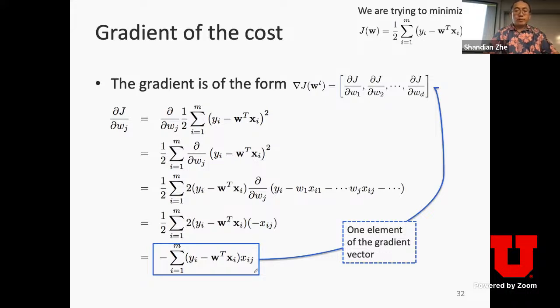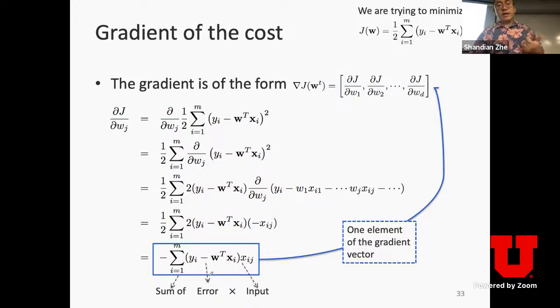Again, we suggest everyone manually replicate this calculation after class. That will deepen your understanding of how this gradient computation is done. Now if we look at the structure of the gradient, we find something very interesting. It's a sum over all the training examples.